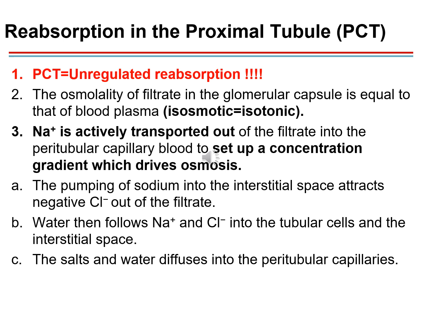Now, the salt and water diffuse into the peritubular capillaries. Why am I saying that? Because remember, when we move molecules from one compartment to another compartment, our physiology always uses the interstitial fluid. So molecules move from the tubule to the interstitial fluid, and from the interstitial fluid jump into the peritubular capillaries.